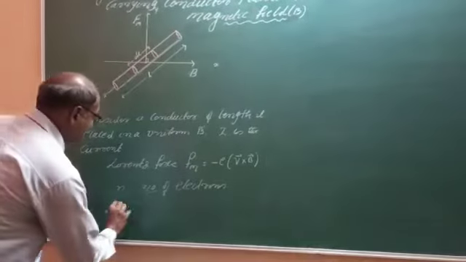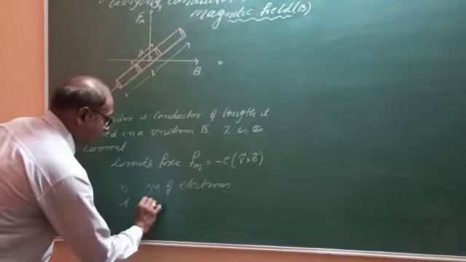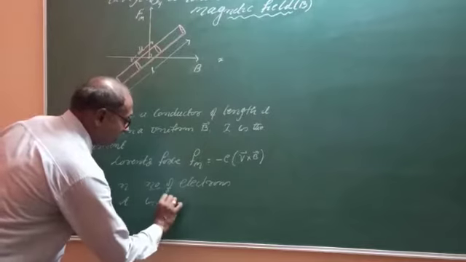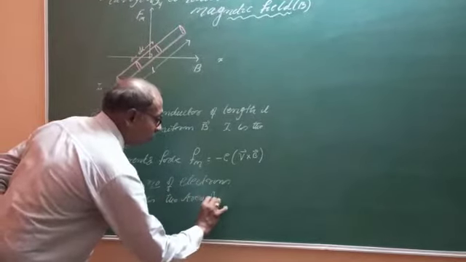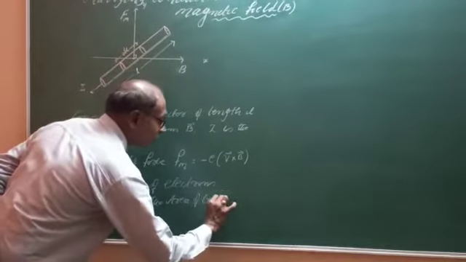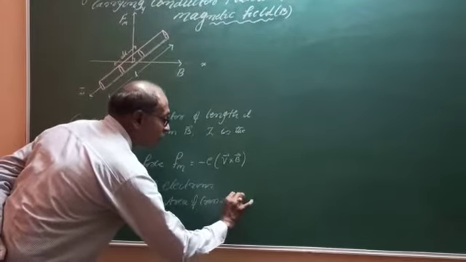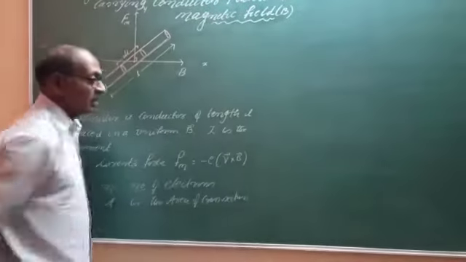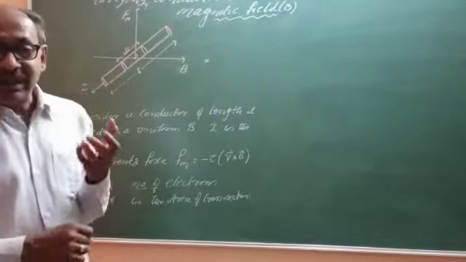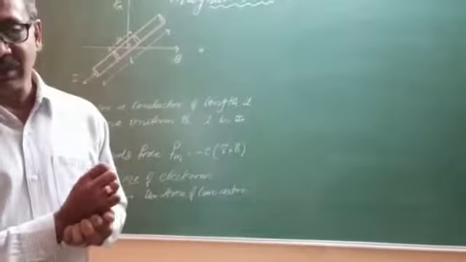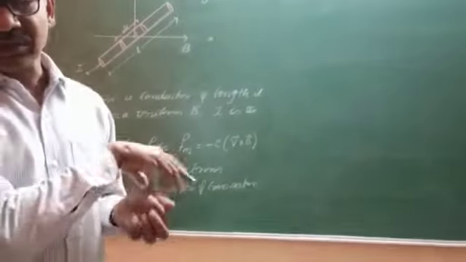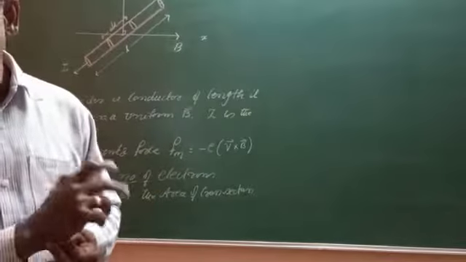And A is the area of cross section. A is the area of cross section, and n is the number of electrons present over here.